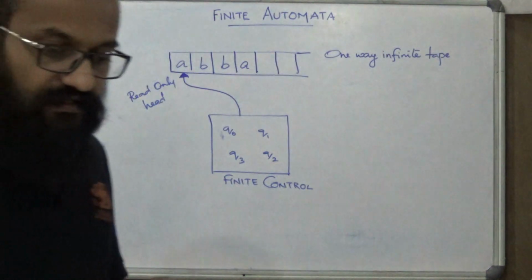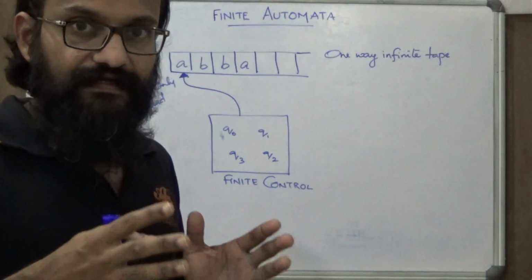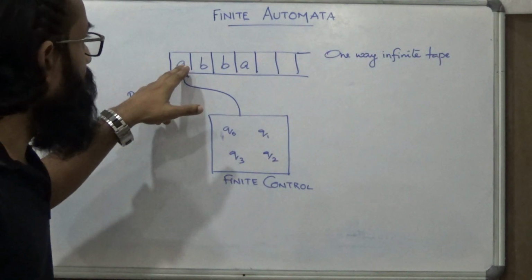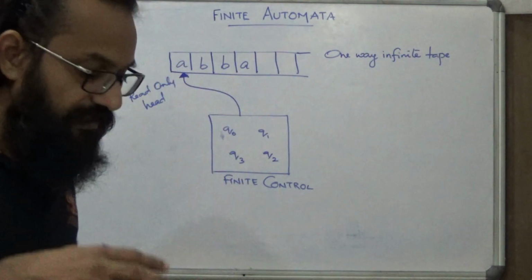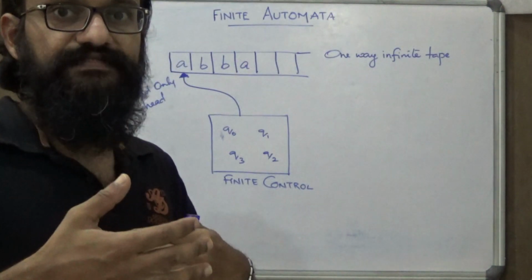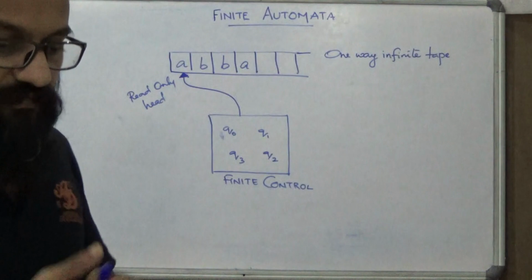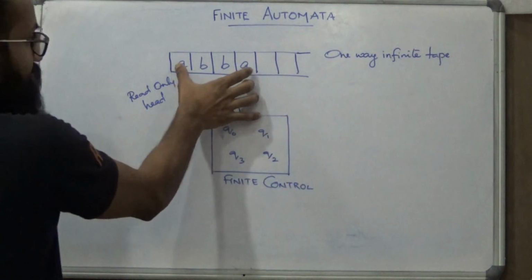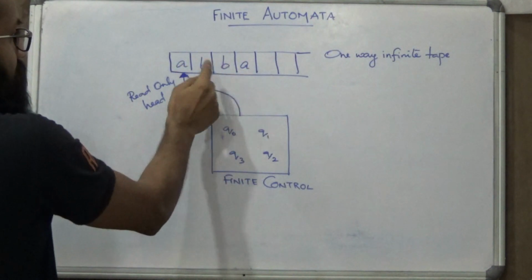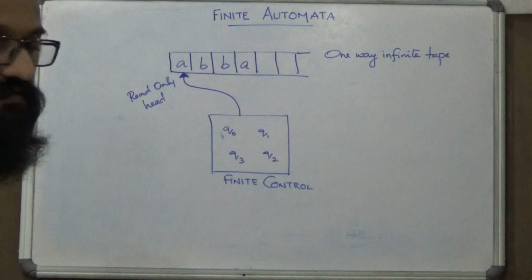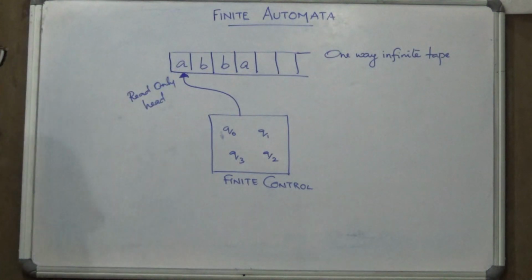So let us consider a finite length string. Here it is pretty clear that the length of the string is 4. The length of a string is based on the number of input symbols in that string. The input string will be loaded starting from the leftmost cell of this tape. That is another assumption. So it will be loaded like this.